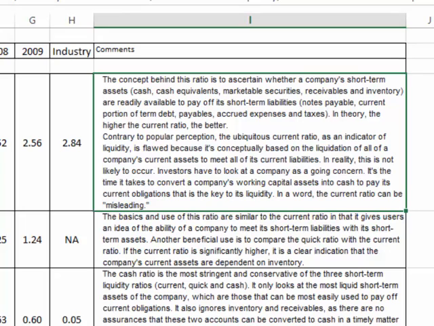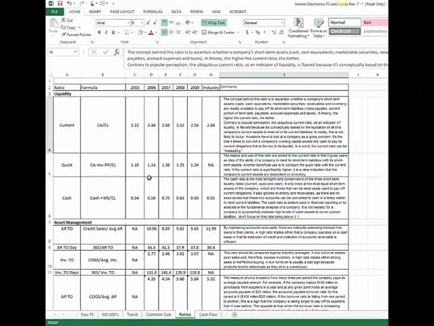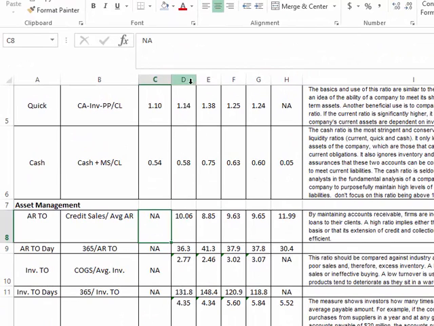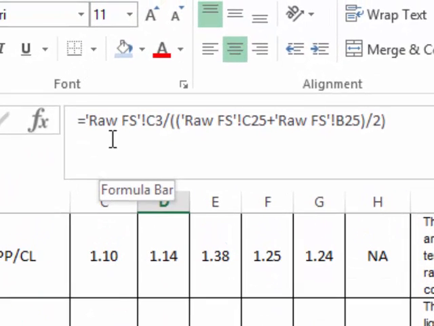But you can see that if you had one wrong, let's take one of the ones where you had to use an average so you can see what that looks like. Oh, we got to get into the right cell. We'll do 2006 AR turnover, and you'll see that the formula was raw. I used raw here.